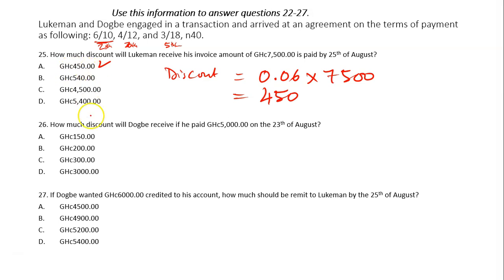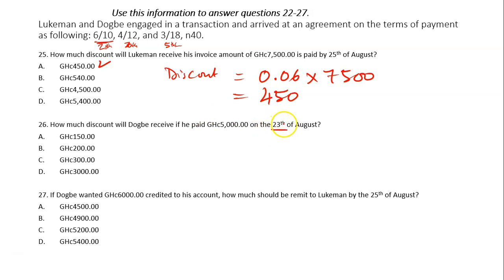450 Ghana cedis. 26. How much discount would Dogbe receive if he paid 5,000 Ghana cedis on the 23rd of August? Now, if Dogbe paid on 23rd of August, it means that he also meets the first condition because the discount date is 28th for the first.